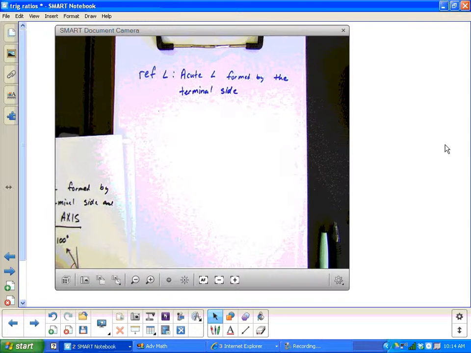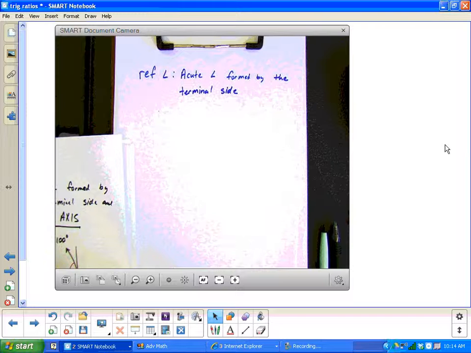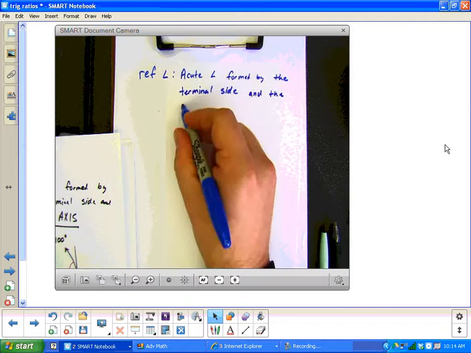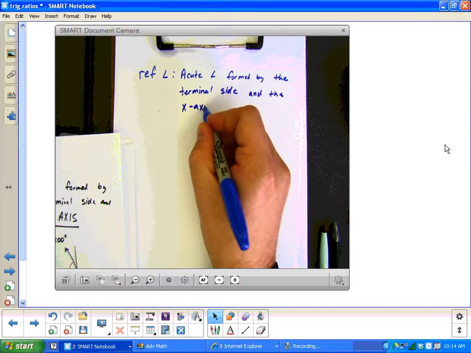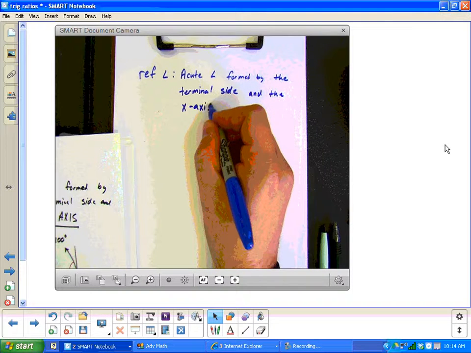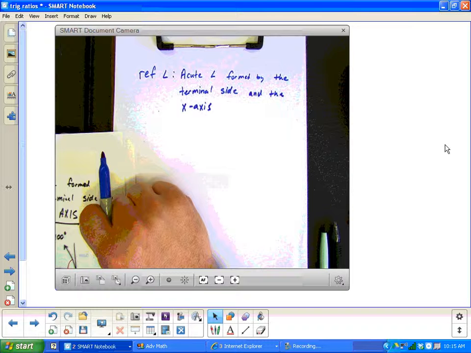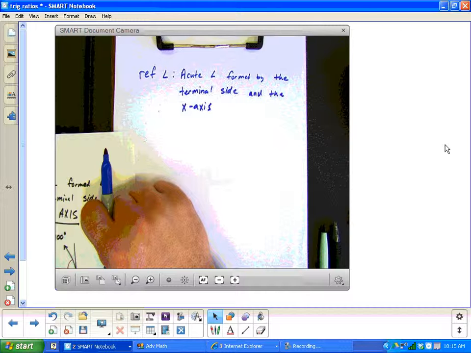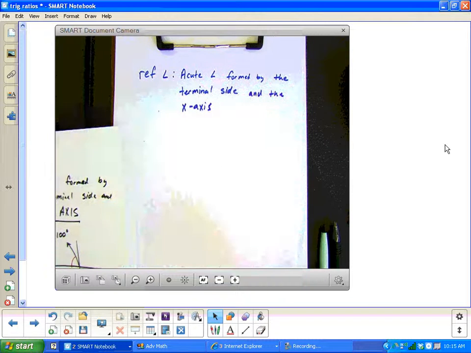An acute angle formed by the terminal side and the x-axis. The terminal side, where was the initial side always? On the x-axis. So the terminal side was just wherever. It's where we stopped measuring.